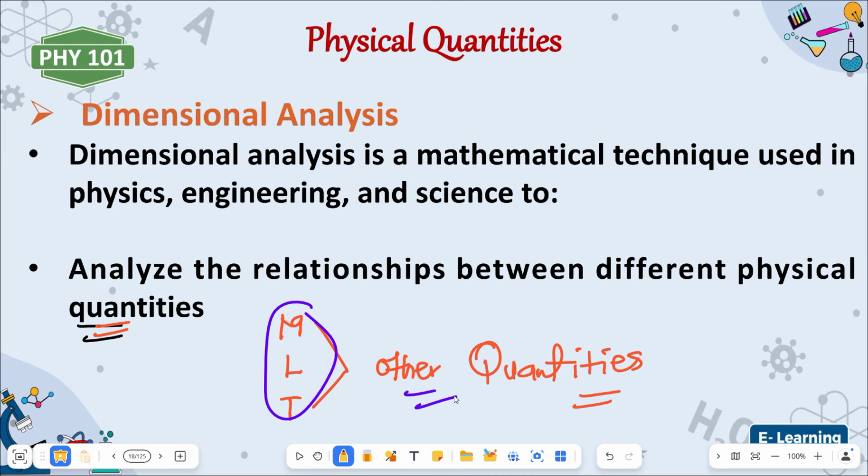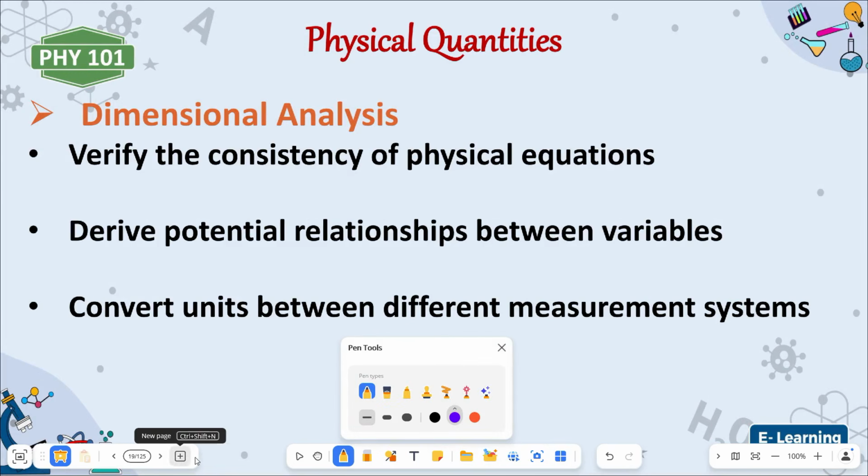That is what they mean. When we talk about analyze the relationship, how do they combine? Is it by division, addition, subtraction? Specifically by division and multiplication. Is it by squared, the square root, and so on and so forth? So dimensional analysis is used to analyze the relationship between mass, length, and time, and other physical quantities. All right? Now, what are some of the usefulness of dimensional analysis?